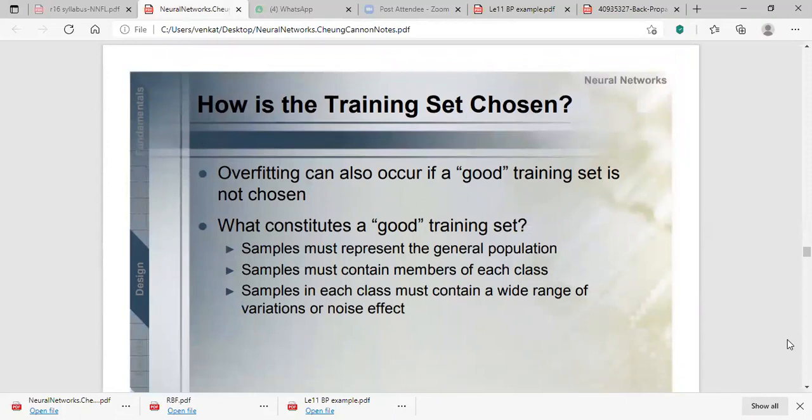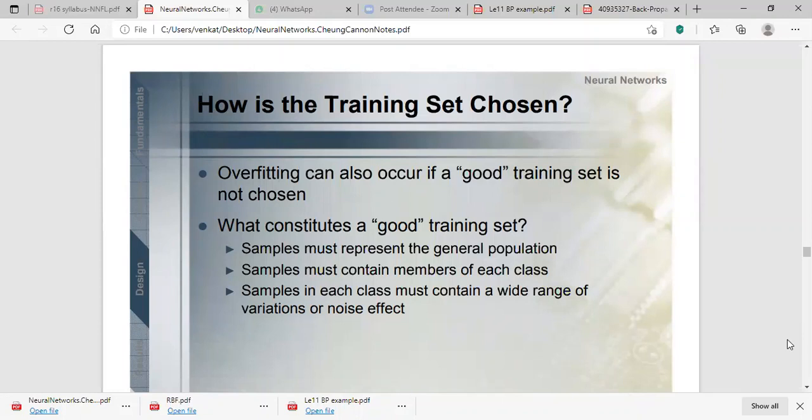So overfitting can occur if a good training set is not chosen. What is meant by good training set means samples must represent general population, must contain members of each class. The samples must contain members of each class.